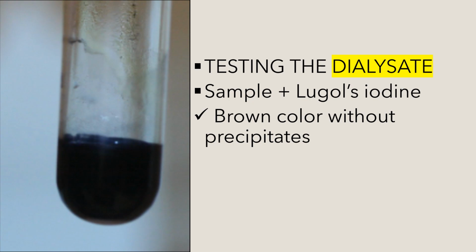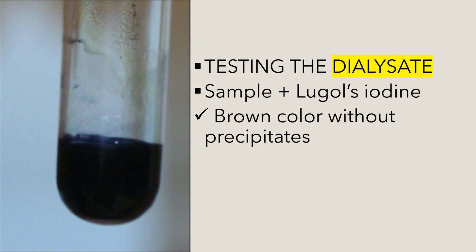Because the idea again here is that your starch solution cannot cross the cellophane, that is your semi-permeable membrane, that is why it should not be present outside the cellophane. It should not be present in the dialysate accordingly. With this, your expected result is a production of a brown color without precipitates.